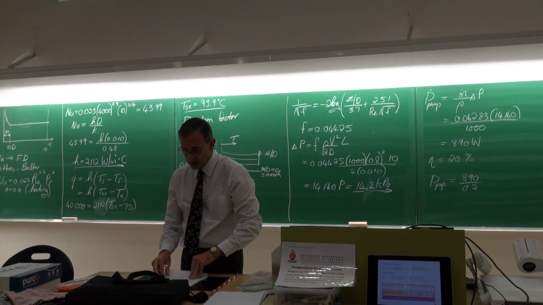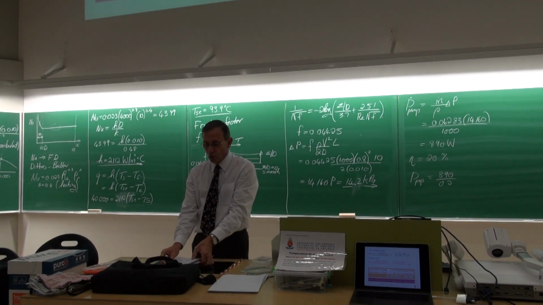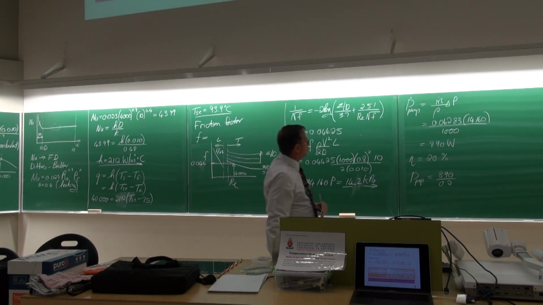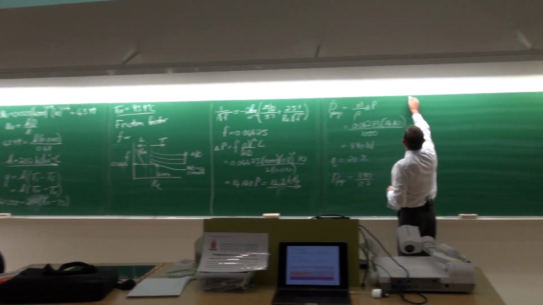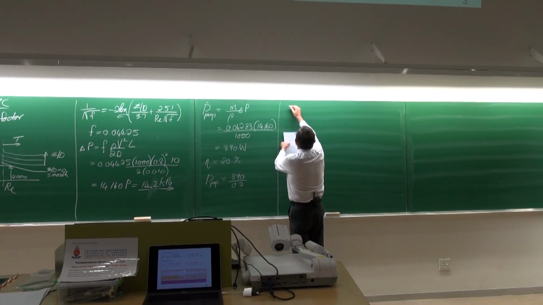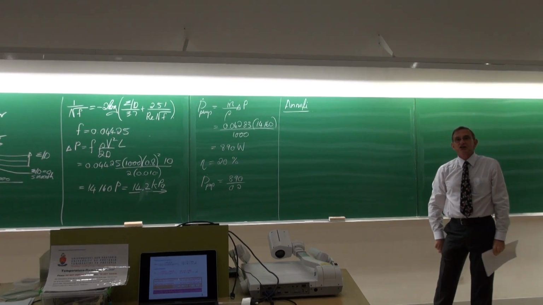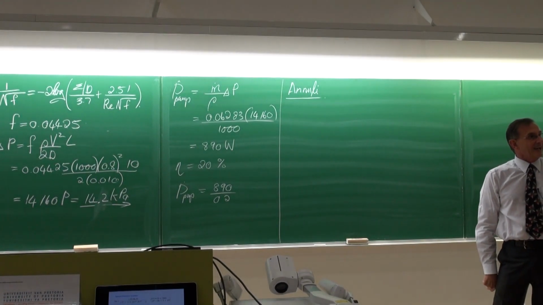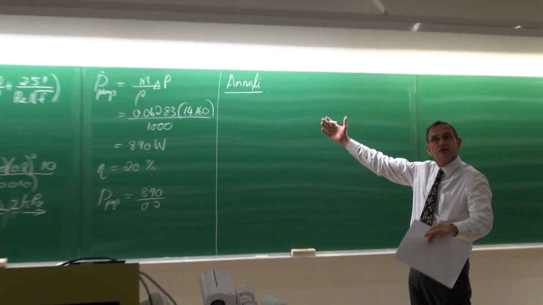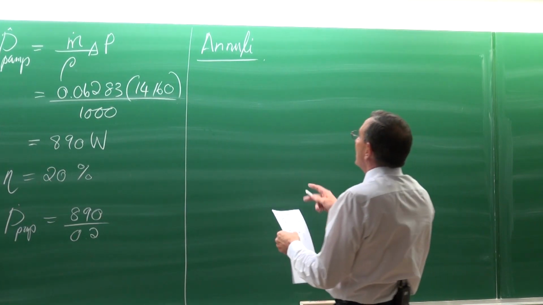Nothing? Okay. So in the textbook there are two more parts which are important before we get to the end of the chapter, and that is annuli. In many cases, with internal forced convection and heat exchangers, you're going to get to this type of application.